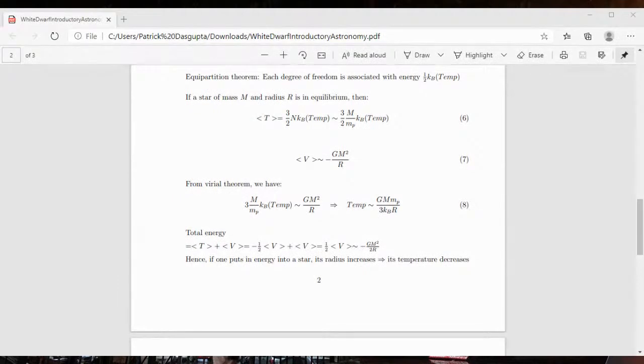The S state wave function is proportional to e raised to the power minus r by a, where a is the Bohr radius. So this is actually increasing as r goes towards the nucleus.